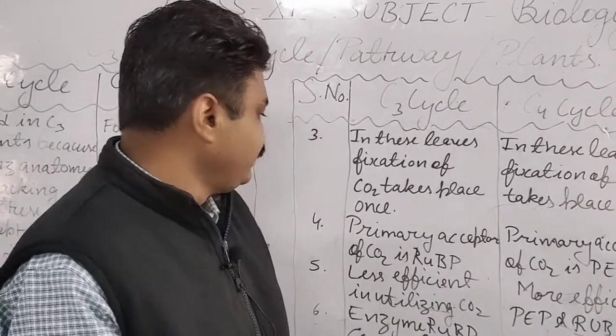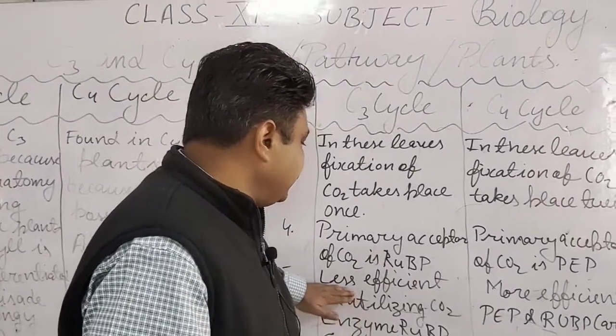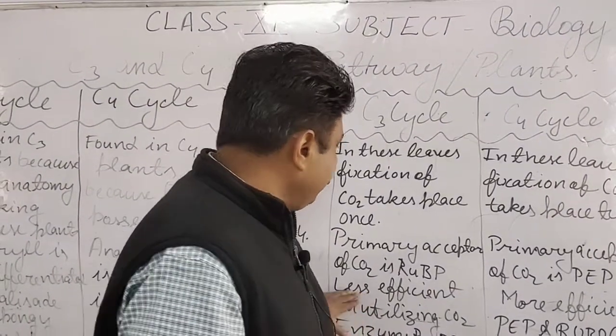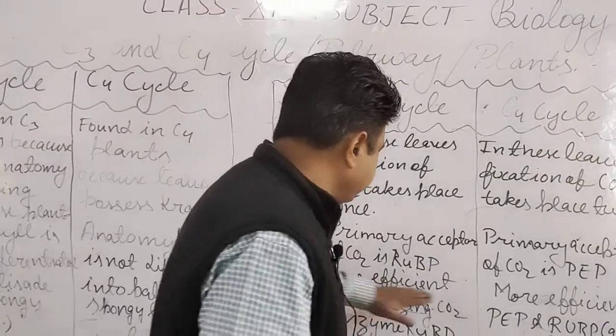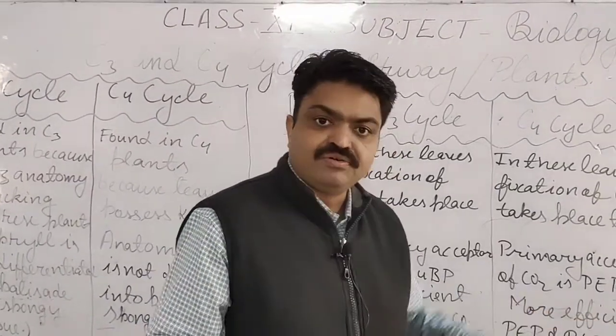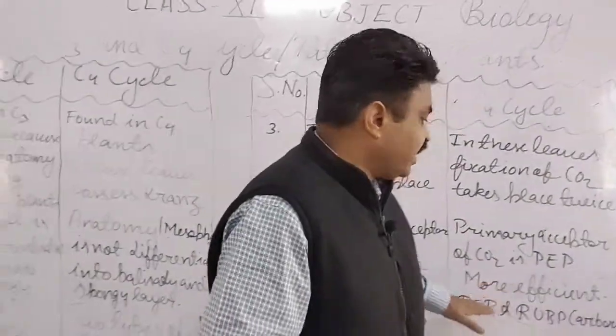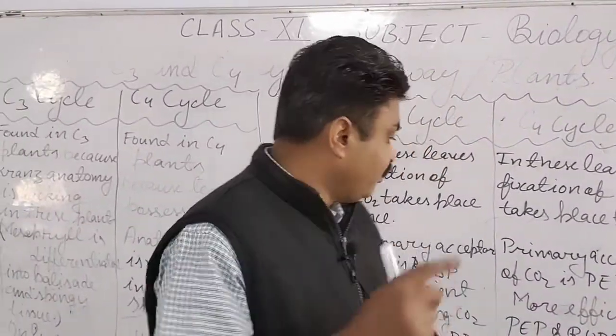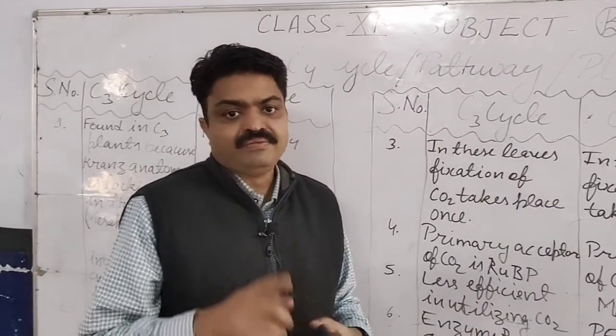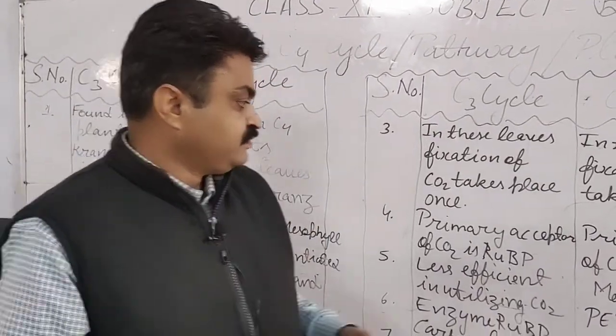With this, C3 plants are less efficient in utilizing CO2, but C4 plants are more efficient in utilizing carbon dioxide.